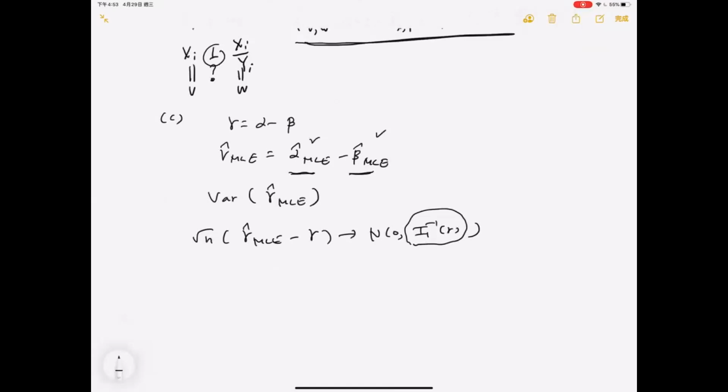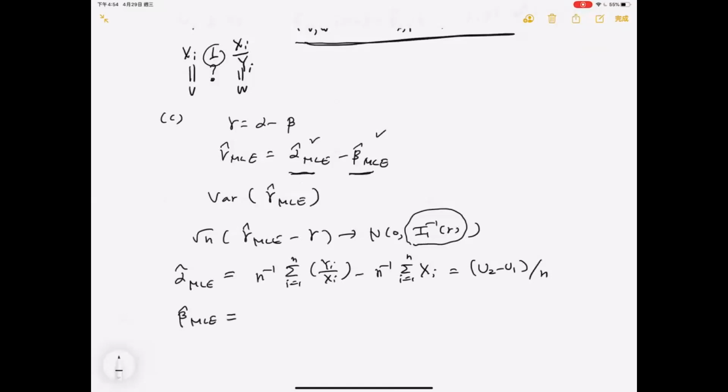You will know that these two guys are possibly dependent. If you're deriving alpha MLE right here, you can actually find out that this guy is 1 over n, summation i from 1 to n of yi divided by xi, then minus, and this eventually becomes U2 minus U1 divided by N. Then beta MLE right here is of course 1 over N summation xi.